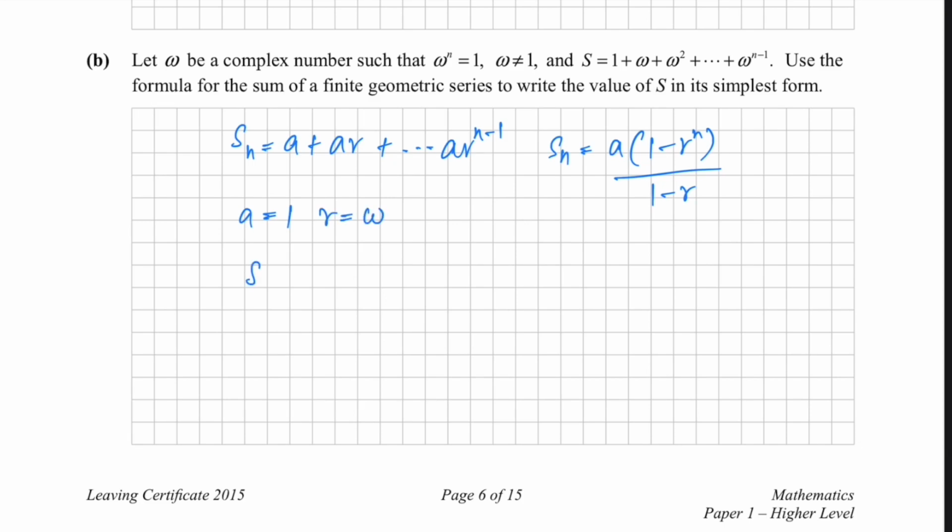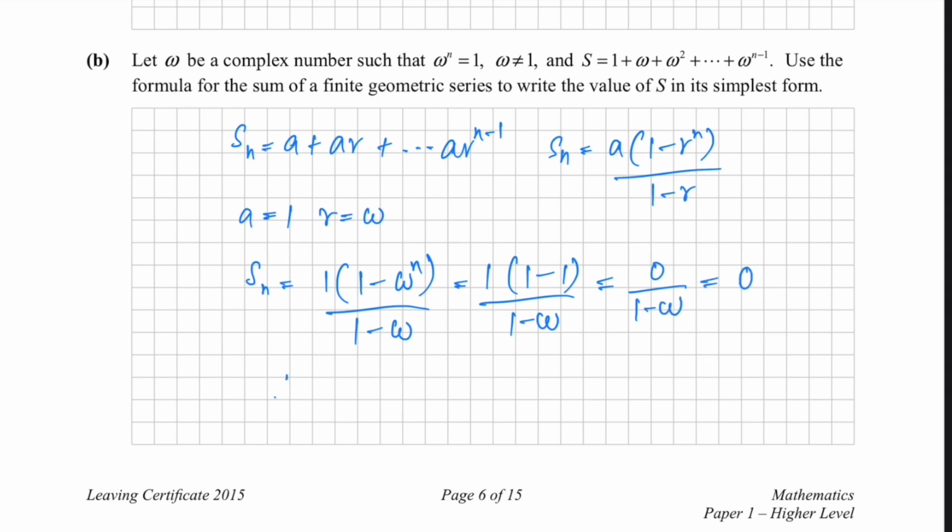The sum of n, that is a finite geometric series, will be a times 1 minus r to the power n, which is omega to the power n, divided by 1 minus r, which is 1 minus omega. Omega to the power n is given in the question as 1, so 1 minus 1 is 0, so 0 over 1 minus omega, which is 0. Therefore, the sum of this series is 0.